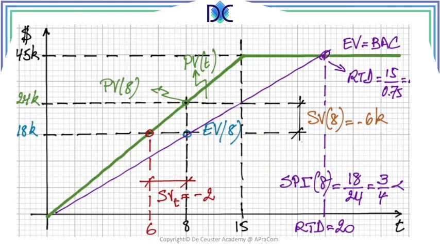And when we take this formula further into our calculations, we can find that the final schedule variance at the end of the project would be equal to those 5 periods, the difference of 20 and 15. So we're basically 5 periods late.